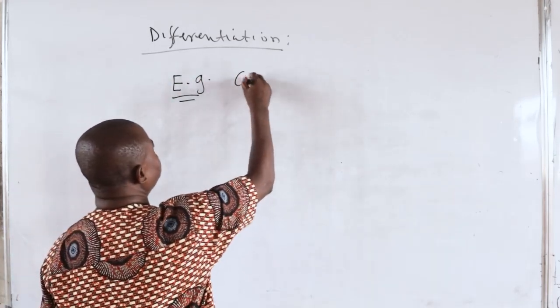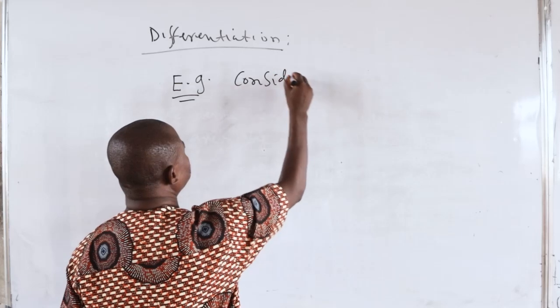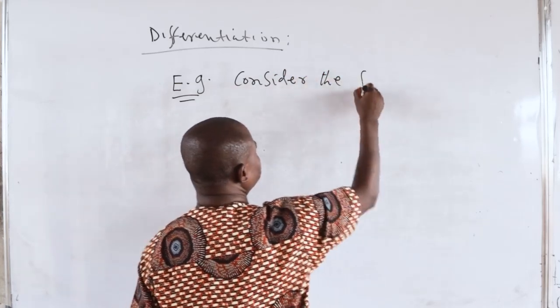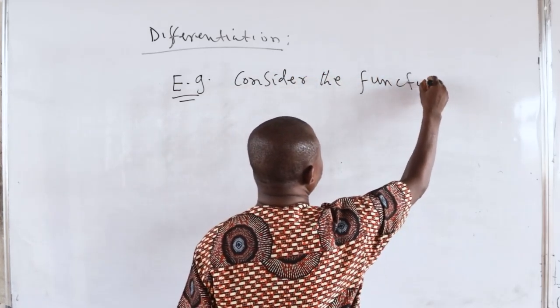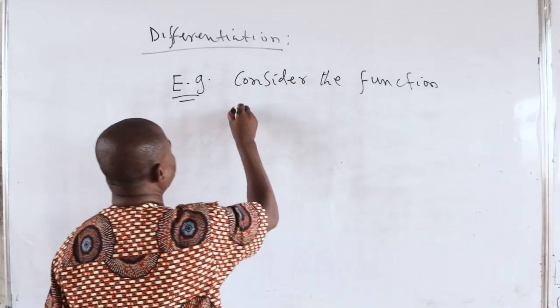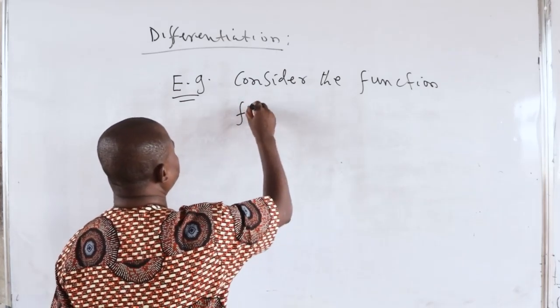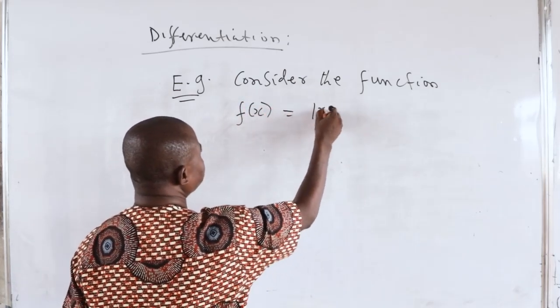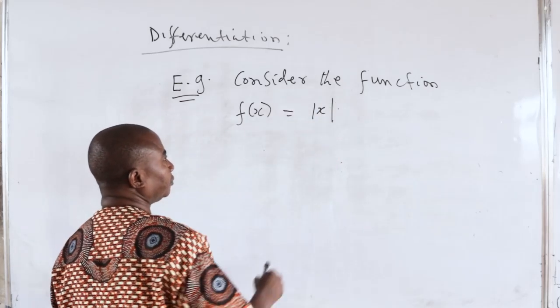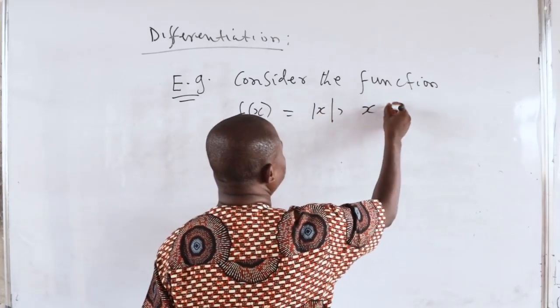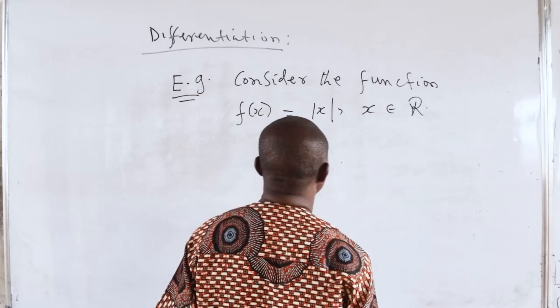So let's consider the function f at x is the absolute value of x. Here, x is a real number.